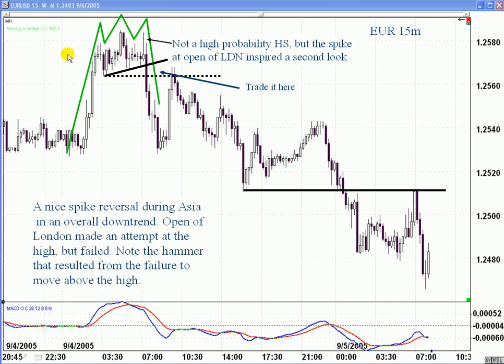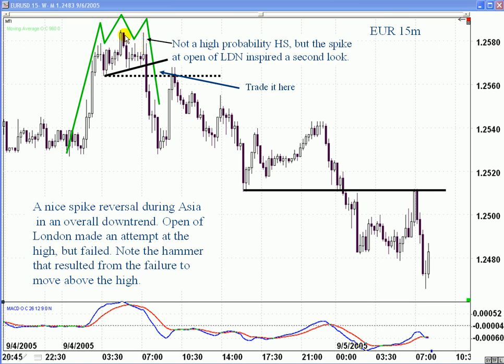Another 15-minute chart just to give you some insight on price action. This looks like kind of a narrow consolidation, and it is. But look at price. Look at the attempt to move higher and rejected. Look at the hammer, attempt to move higher and rejected. Right?